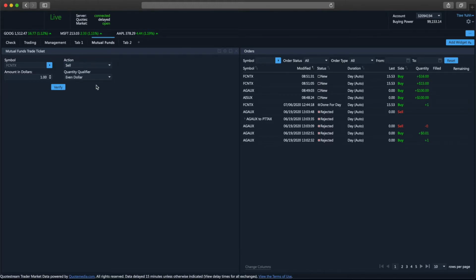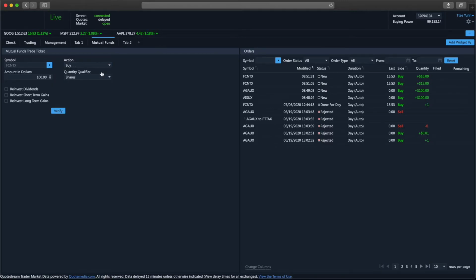Now, depending on the action, we have different quantity qualifiers. So, for example, if we are selling a mutual fund, we can sell a fraction of our holdings worth a specific amount. For example, $200 worth of our holdings. Or we can simply sell 100 shares.